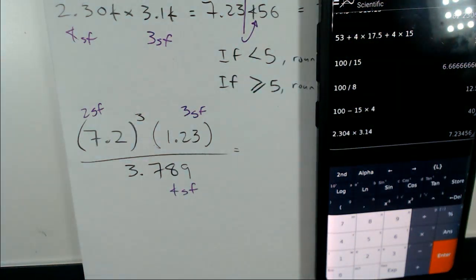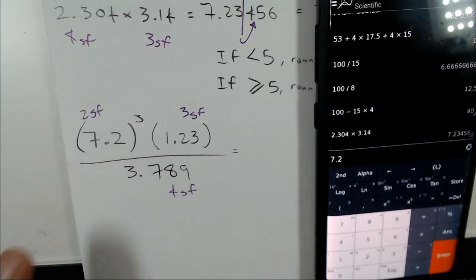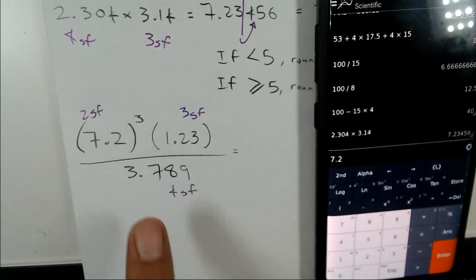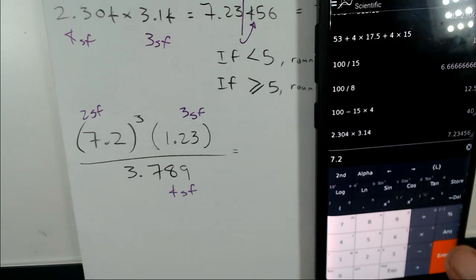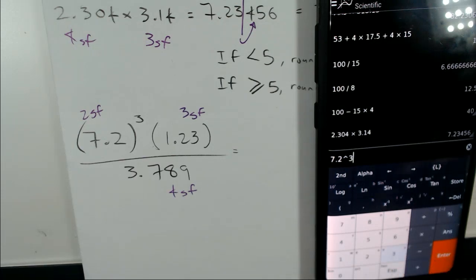All right, so I want to go ahead and use this, and since some of you are new to science classes, I want to illustrate how to use the calculator. So we have 7.2. Order of operations states that we should do this first. To use that, I have a little caret key. It looks like a little caret going up, and then you type the number.